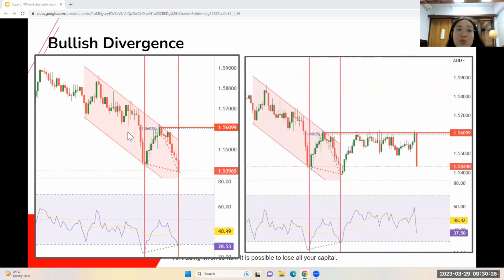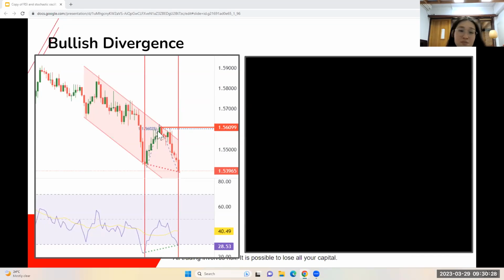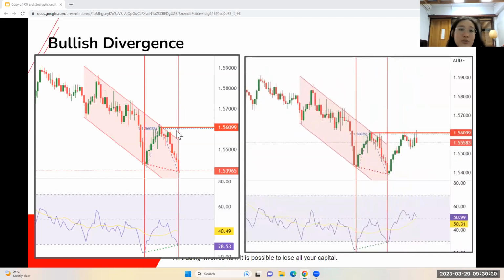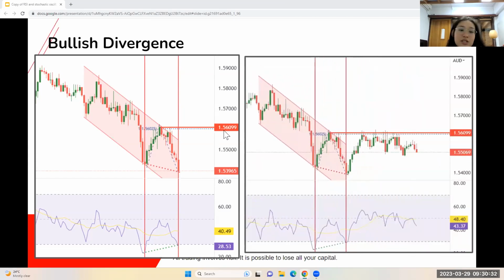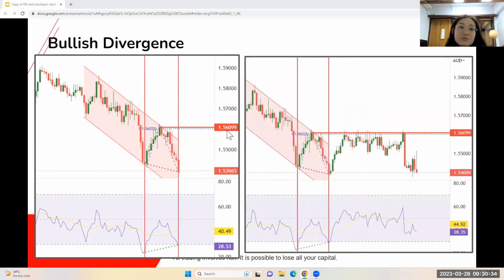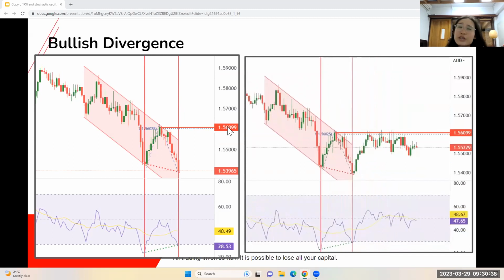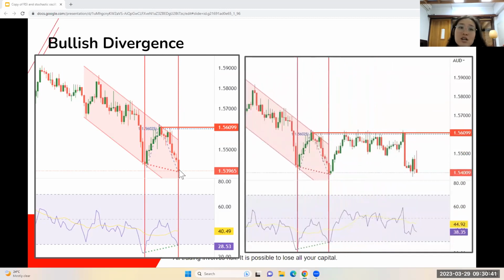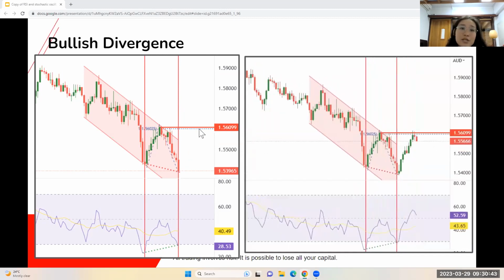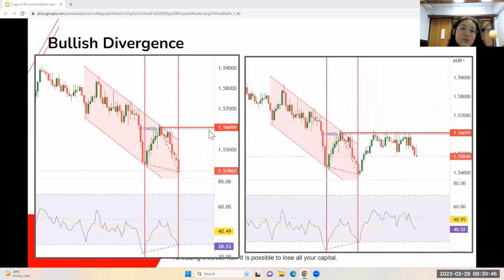This is my 100% Fibonacci projection, and it lines up nicely with my 1.56099 level. So this creates confluence that it's a pretty strong level, and even though I'm expecting price to continue up, I'm expecting price to reverse off of this level.